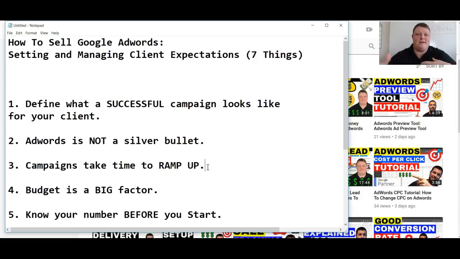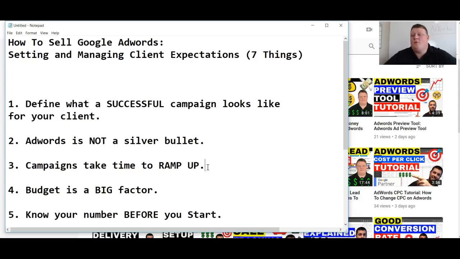Then it's an infant. Then it's a toddler. Then it's a child. Then it's a preteen. Then a teen. And then you just keep going through. And that's the natural progression of how things happen. AdWords is not too different than that.